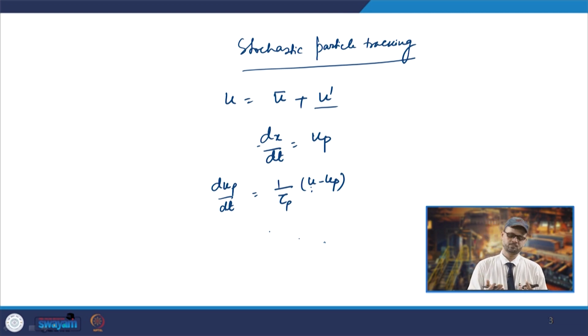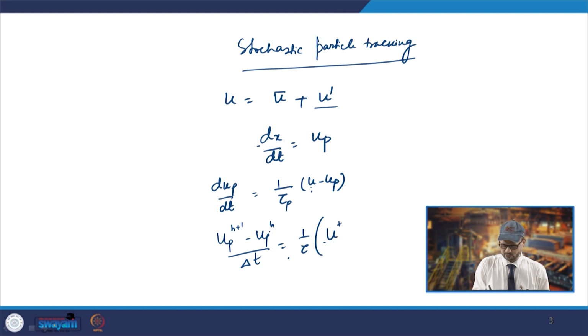Then you can solve it. You can use differencing and discretization schemes, and then you can have the solution like up at n plus 1 time step minus up n, divided by delta t. That will be dup by dt. It will be 1 by tau times u star minus up n plus 1.